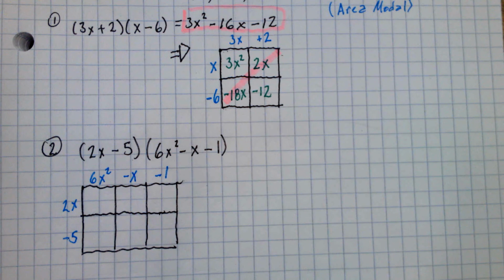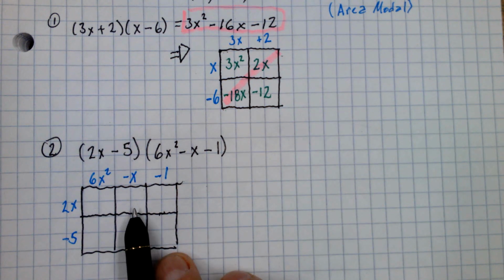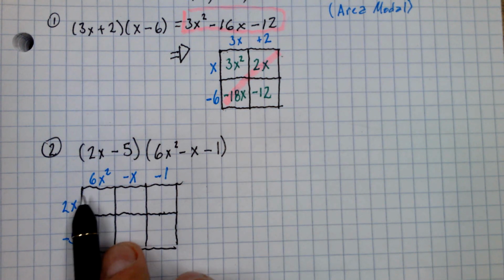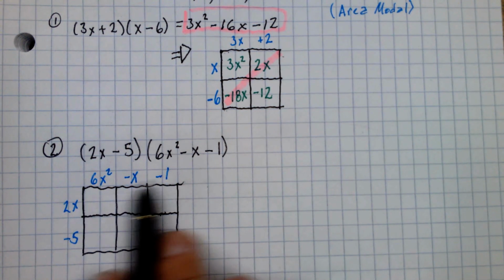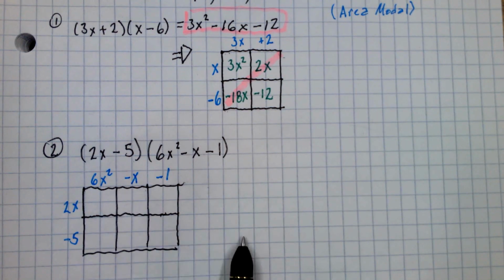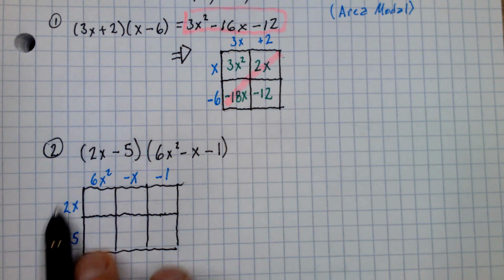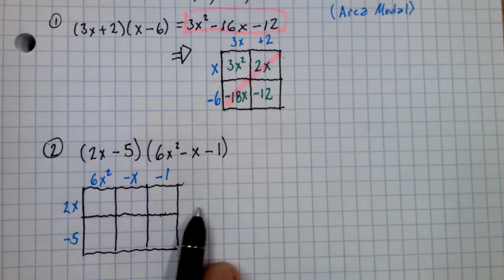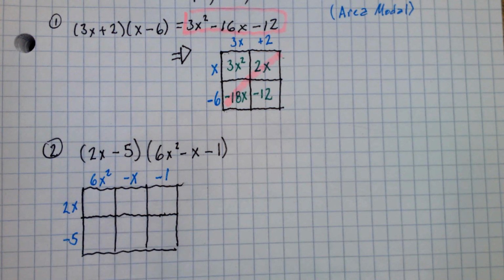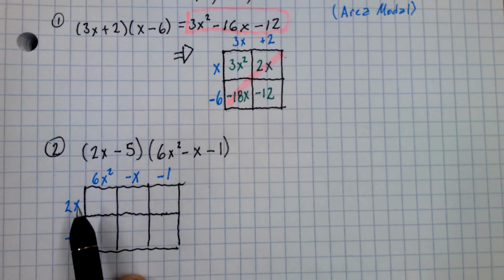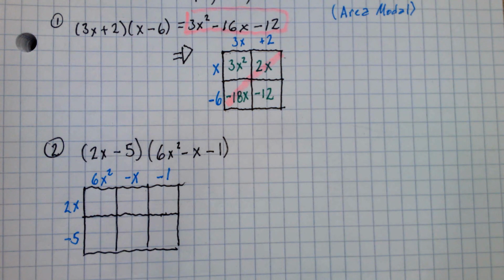Okay. So go ahead and fill that in. So just a reminder, it works best if you put the longer polynomial along the top, making that many columns, in this case 3, and the shorter polynomial along the width side, making that many rows, in this case 2. Okay? So now we're going to multiply. Let's see, we got 2x times 6x squared.